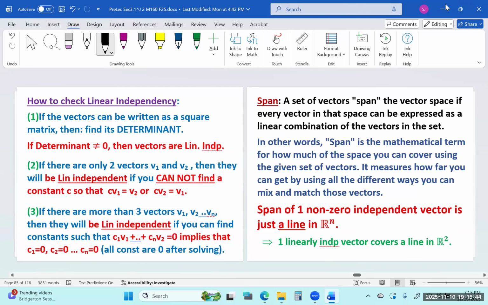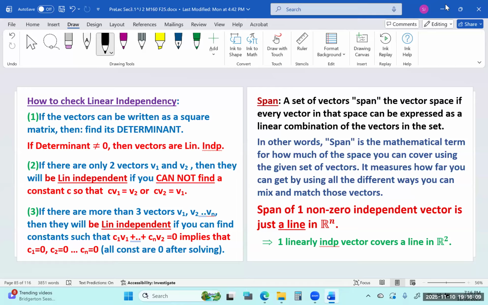Now span. Span means how much those vectors cover in the vector space. That's the informal definition. So if you have only one linearly independent vector in a vector space, it doesn't matter which space you are in. You may be in R2, R3, R4, R5, it doesn't matter.